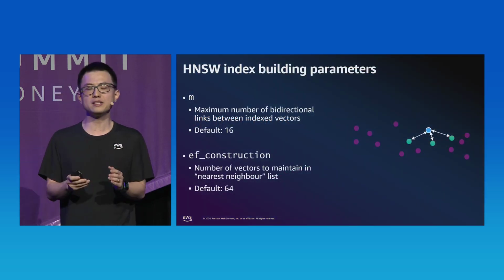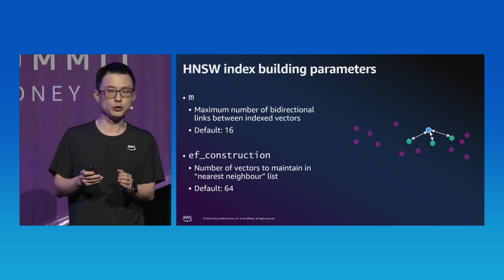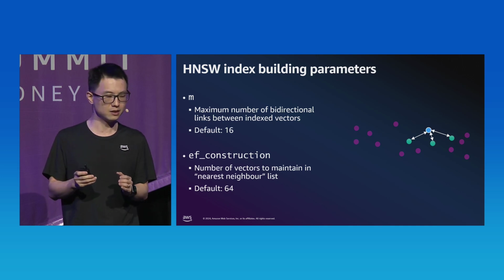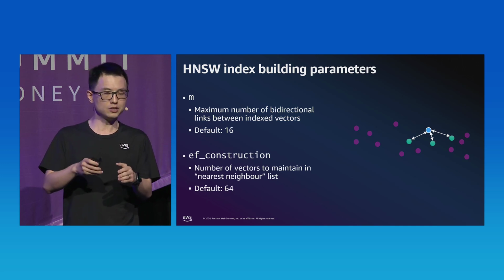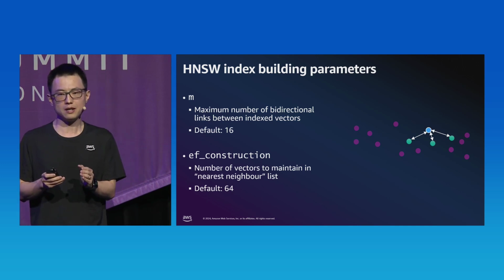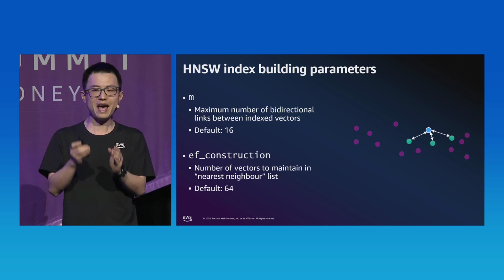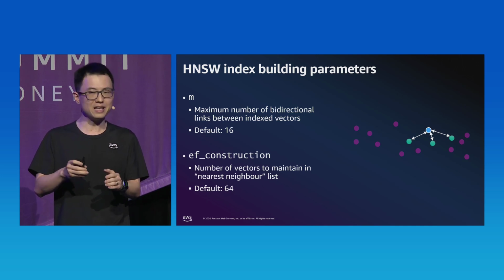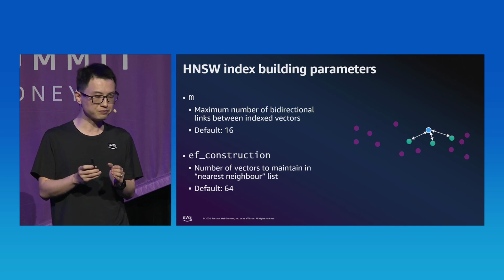For building the HNSW index, you only need to be aware of 2 parameters. The first one is m. The larger the m, the more likely you can build neighborhoods that have vectors most similar to each other. The second parameter is called ef_construction.